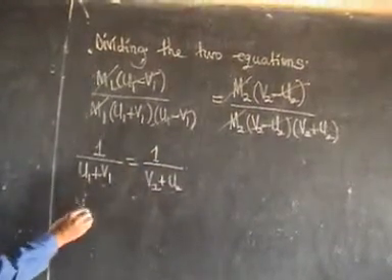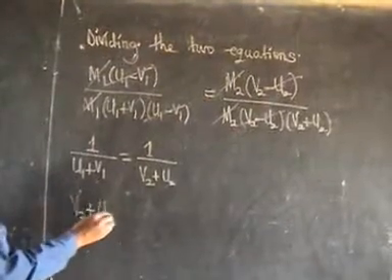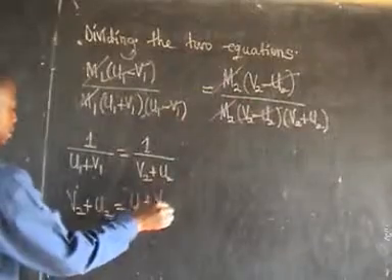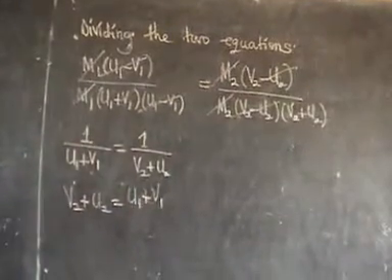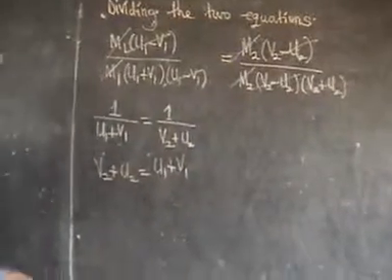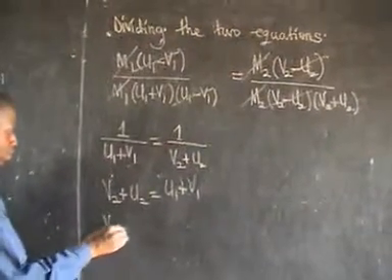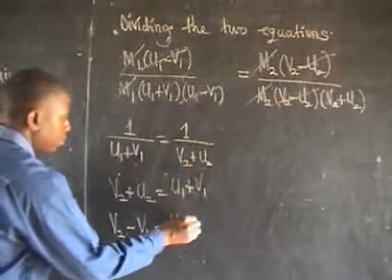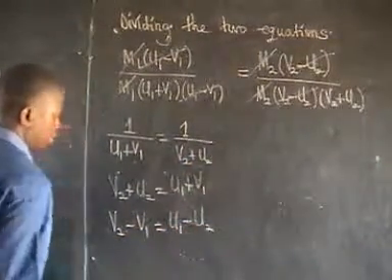This is the same as V2 plus U2 is equal to U1 plus V1. So if you compare what we are having with what you want to prove, this is the same as V2 minus V1 is equal to U1 minus U2.